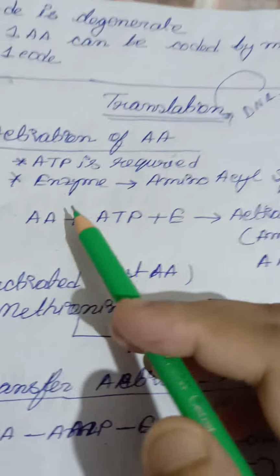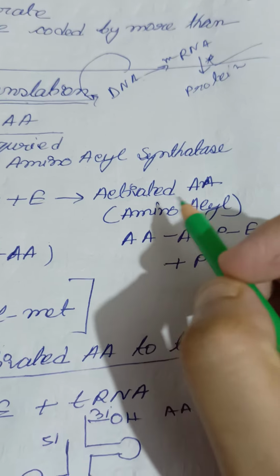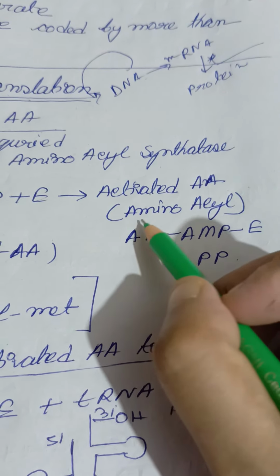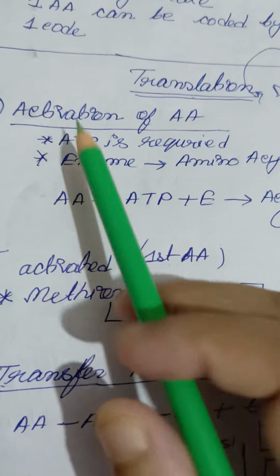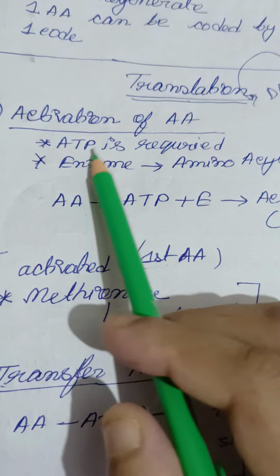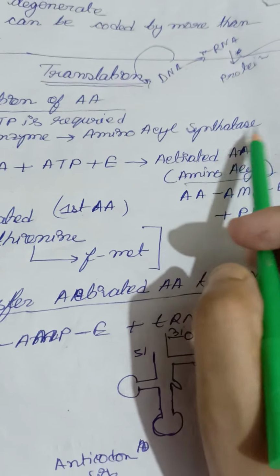Okay, so this amino acid first binds with this ATP and this enzyme, and they form an activated amino acid, that is called amino acyl. So what I am telling you is, for this activation of amino acid, ATP is required and an enzyme is required, that is amino acyl synthetase.